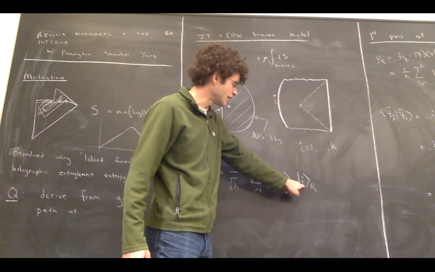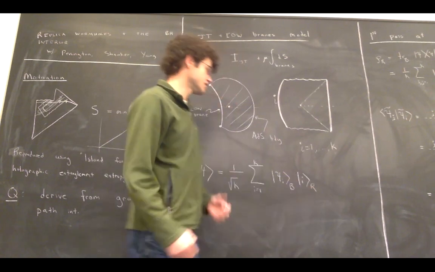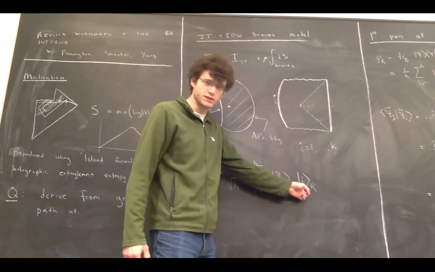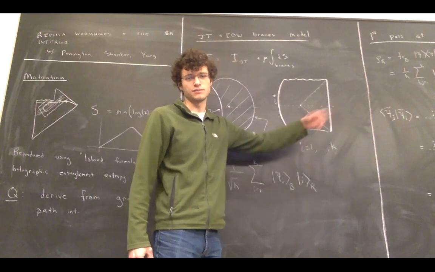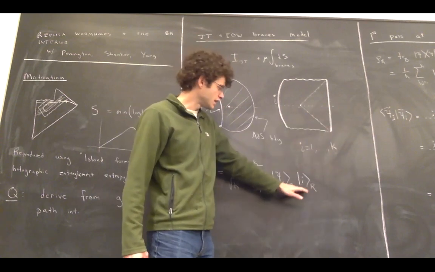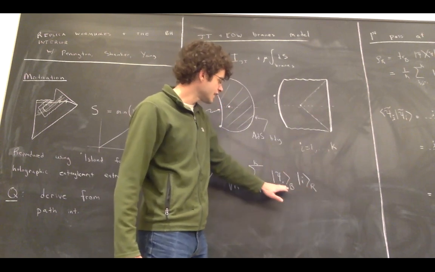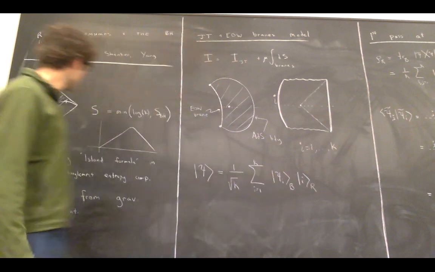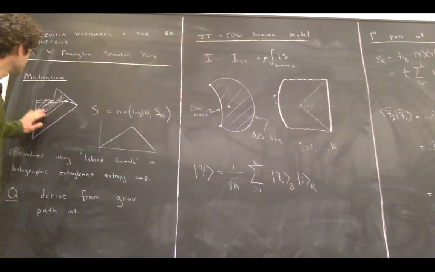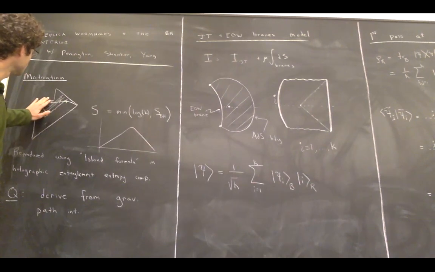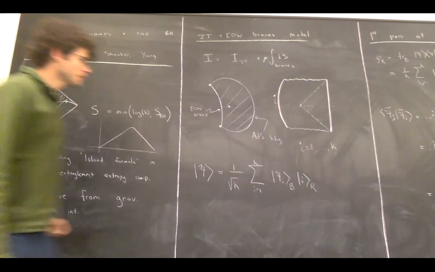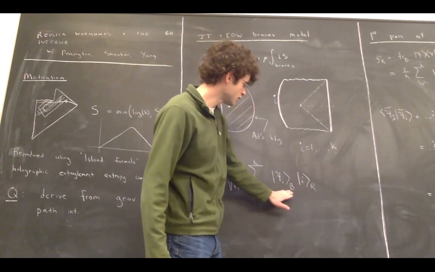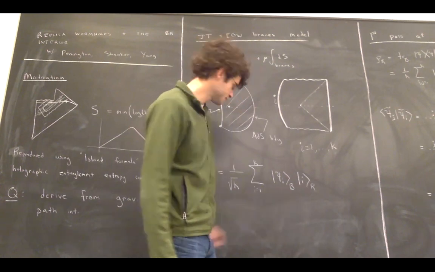And this extra system, R, is a reference system that we've entangled with this state of the black hole. You should think of the reference system as being like the physical Hawking radiation outside the black hole in some essentially non-gravitating region. That system is entangled with the choice of state of the end of the world brane. Just like for the evaporating black hole, the physical Hawking radiation is entangled with a choice of state of the interior partners. Here, the model for the radiation, the system R, is entangled with the choice of the end of the world brane behind the horizon.